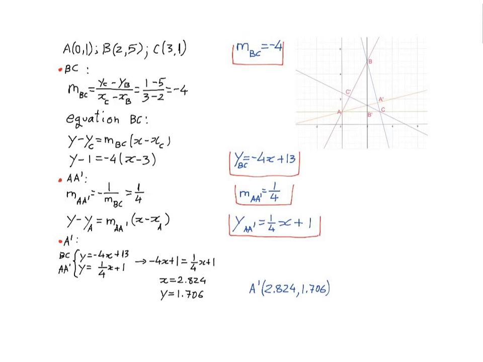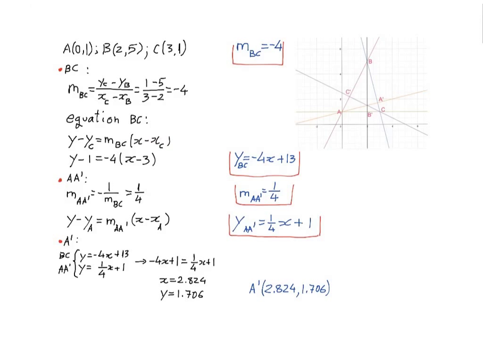Having a negative gradient means that BC goes down from left to right. Alright, so that should be okay by now. The equation of BC, we can use either B or C. On this line I chose to use C again because I find the numbers for the coordinates of C easy to work with. y minus yc is equal to the gradient of the line times x minus xc.